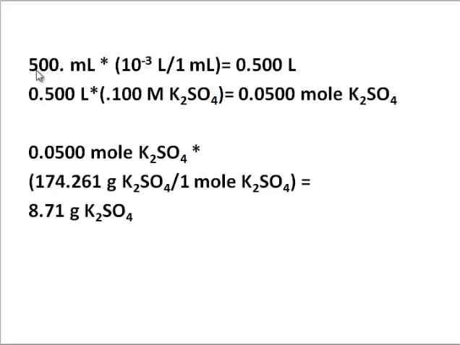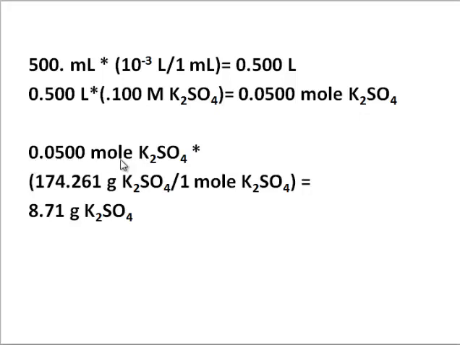500 milliliters has to be converted to liters. It's multiplied by a conversion factor of 10 to the negative third liters over milliliters to give us 0.5 liters. Volume, 0.5 liters, can be multiplied by 0.100 mole per liter, molarity, to give us moles of potassium sulfate.